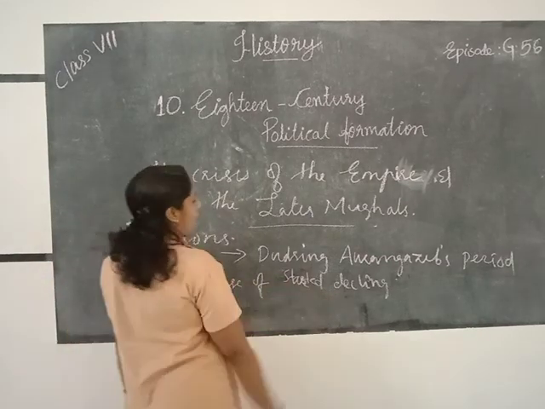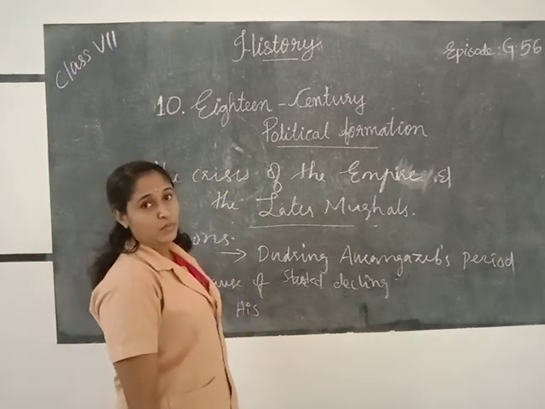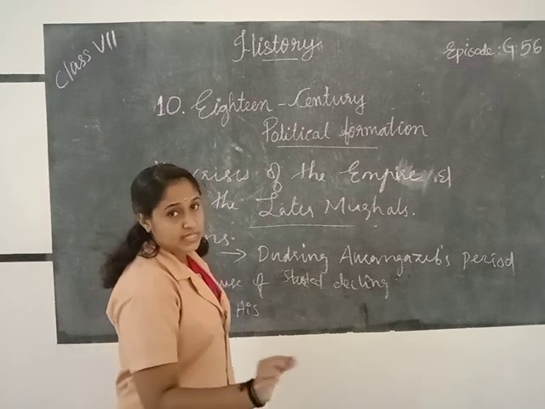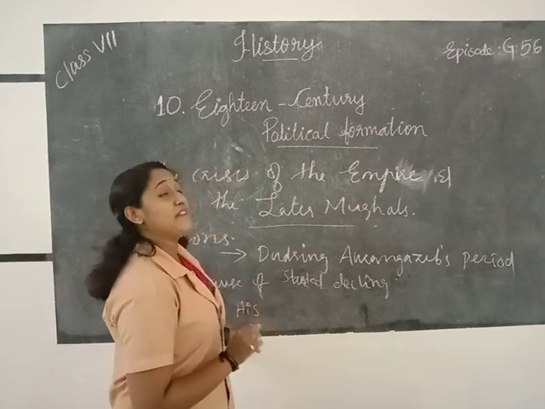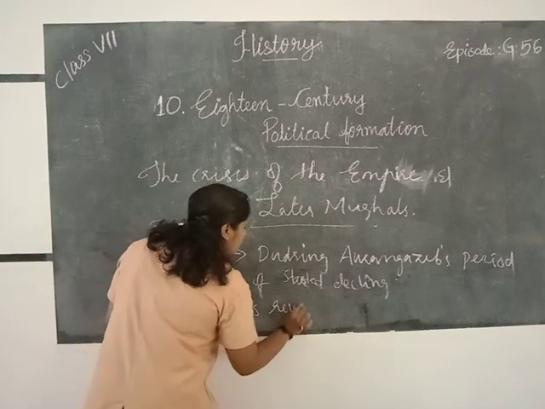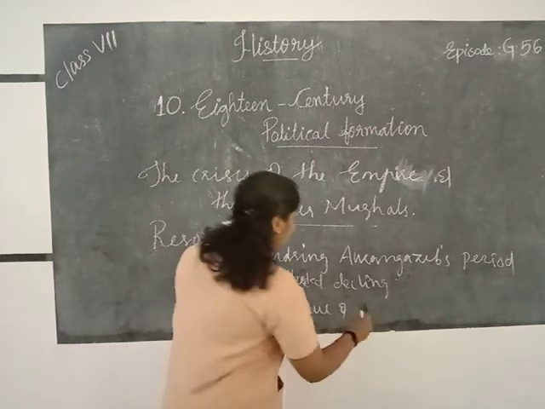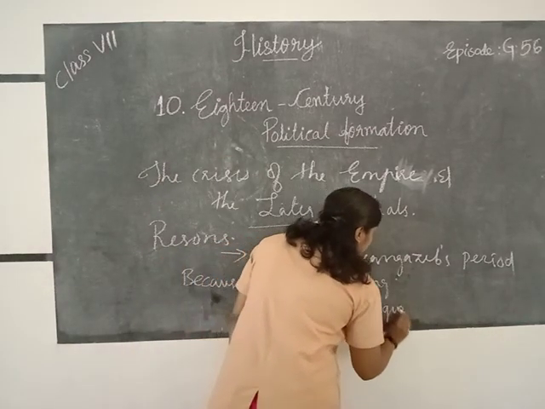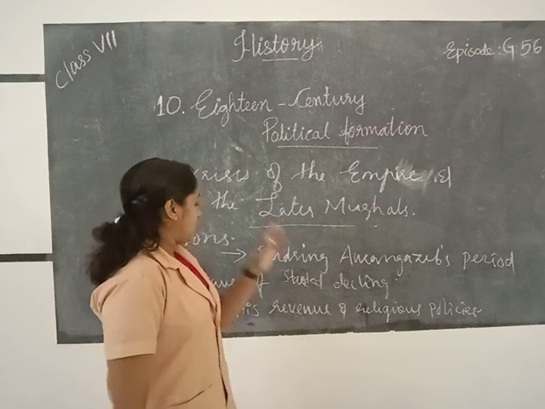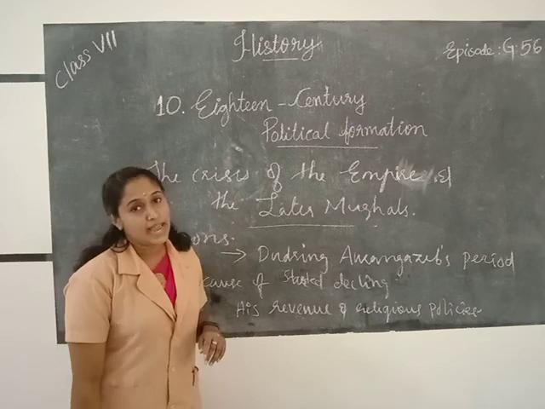Because of Aurangzeb's revenue and religious policies. That is the main cause of the declining of the Mughal empire.